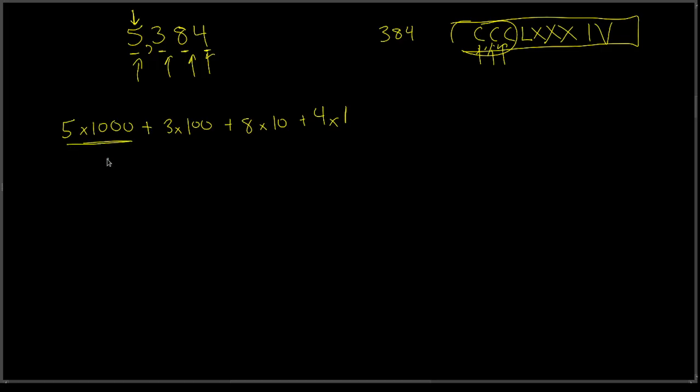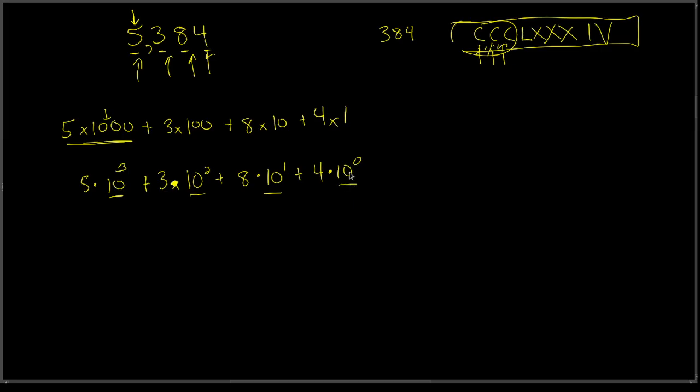And we can write that as a multiplication. In fact, it works out a little more cleverly if I think of 1,000 as 10 to the power of 3, then my place values are all powers of 10.